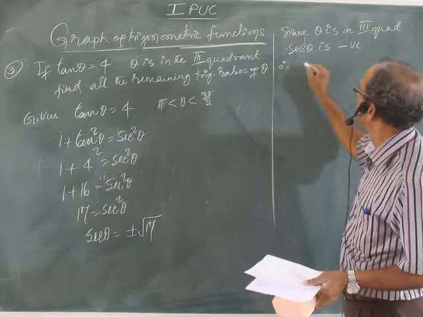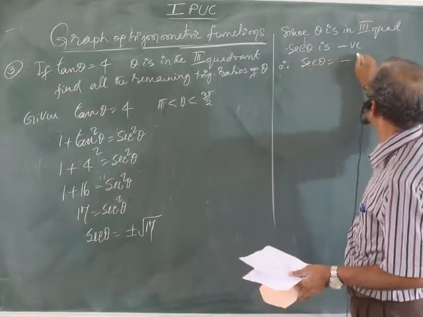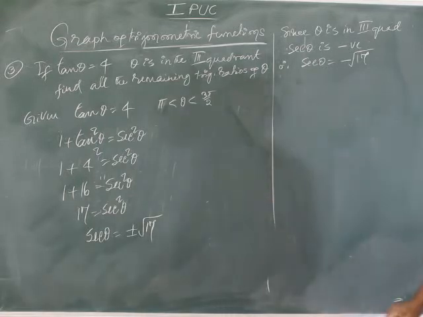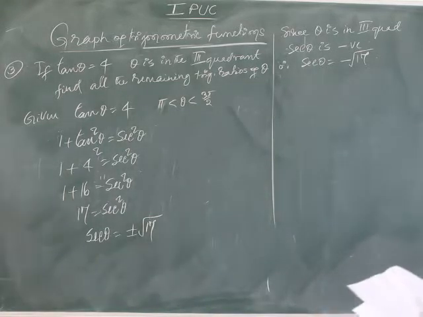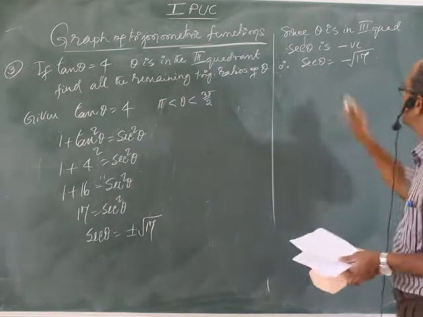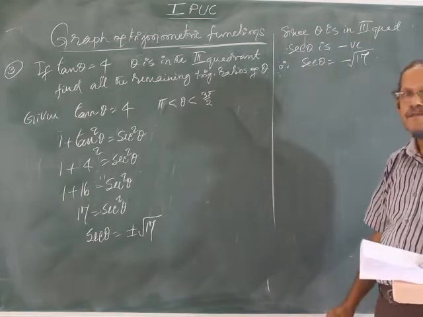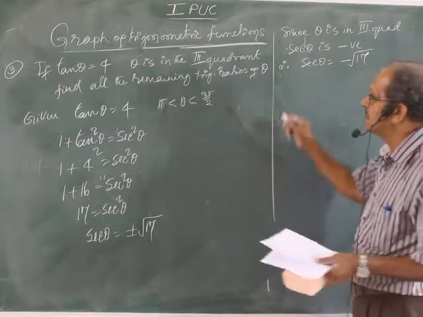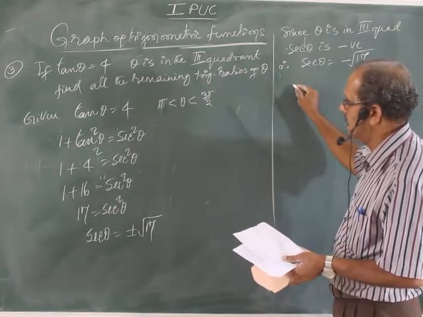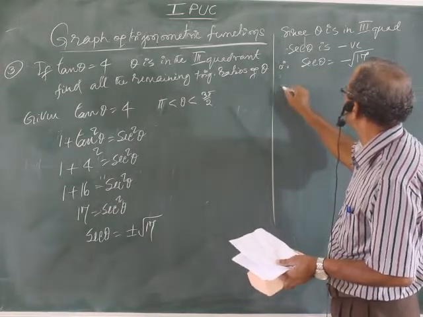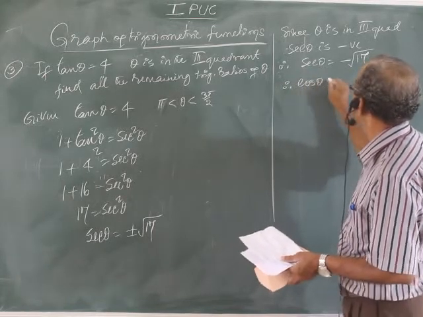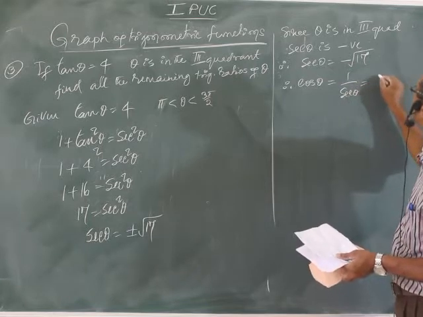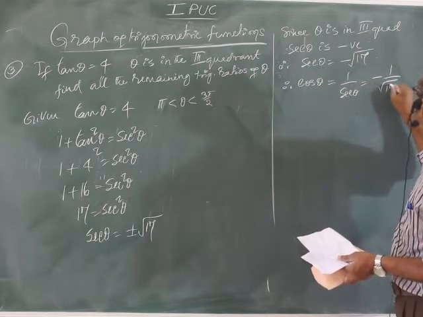Therefore, secant theta equals minus root 17. In the third quadrant, tan is positive, secant is negative. Next, write one by one. Therefore, cos theta can be written immediately. Cos theta is 1 by secant theta, the reciprocal of this, minus 1 by root 17.